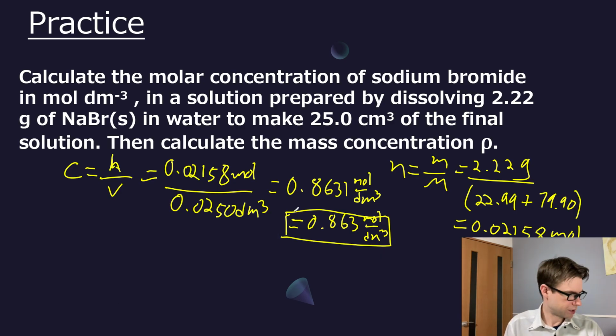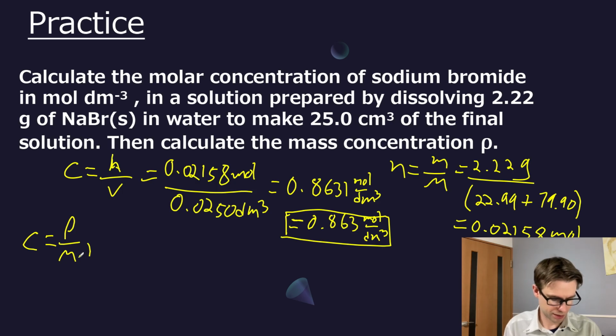And then we can do the mass concentration. So concentration equals rho, the mass concentration over the molar mass. That's what I showed on the previous slide.